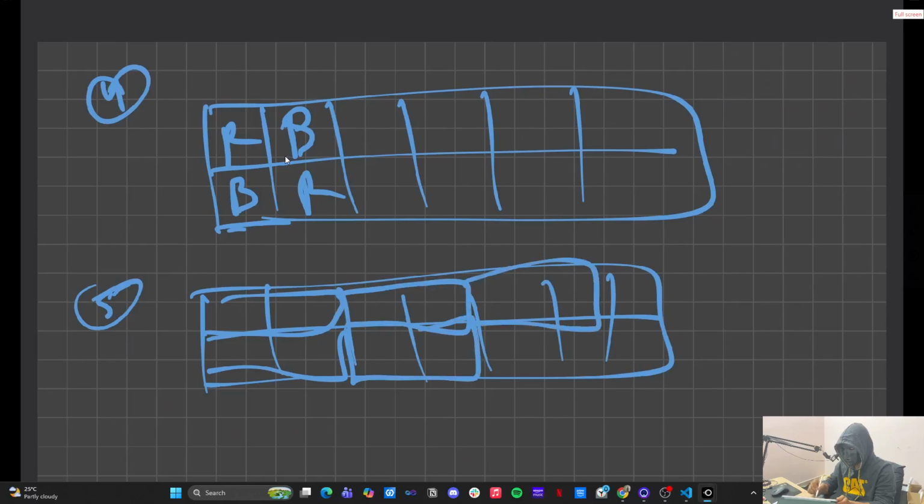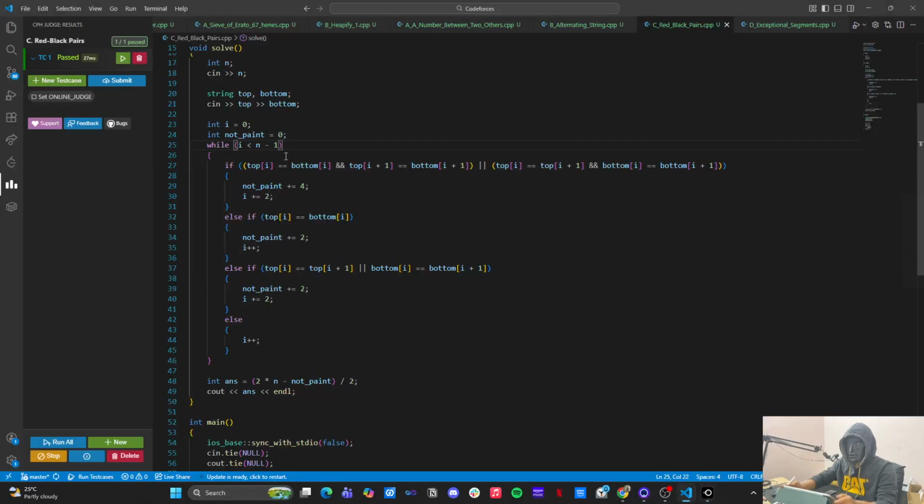Okay, this way you have got a pair, but the last one is missing, right? Because your loop is going till n minus 1, which is 0 1 2 3 4 5 6. Your n is 7, you're going till less than n minus 1, which means you're going till n minus 2, you're going till here only. The last case you're missing, right? So that's the reason we'll have to write one condition here.